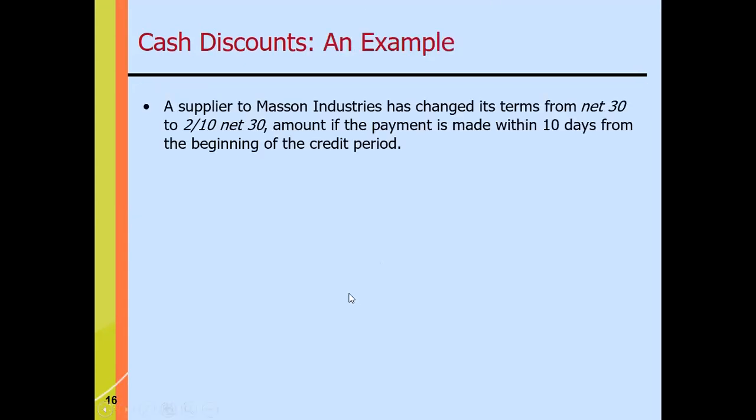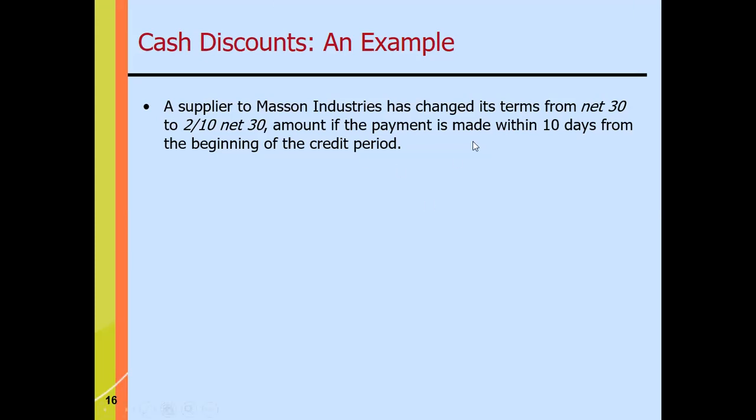So we have here Mason Industries, which has changed its terms from net 30 to 2/10 net 30. Now, this is the usual thing for those who are done with accounting for merchandising operations.